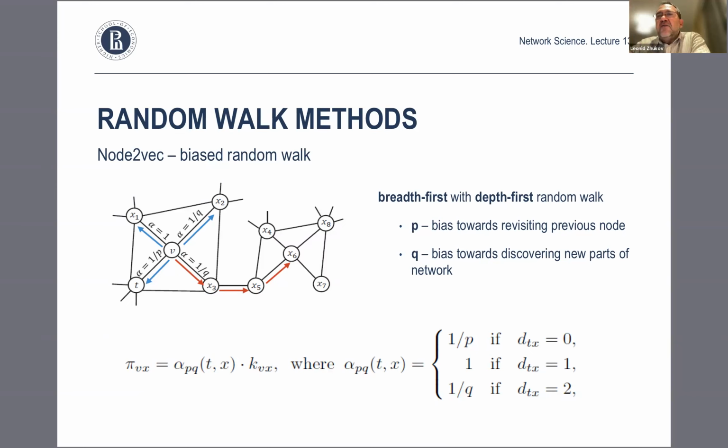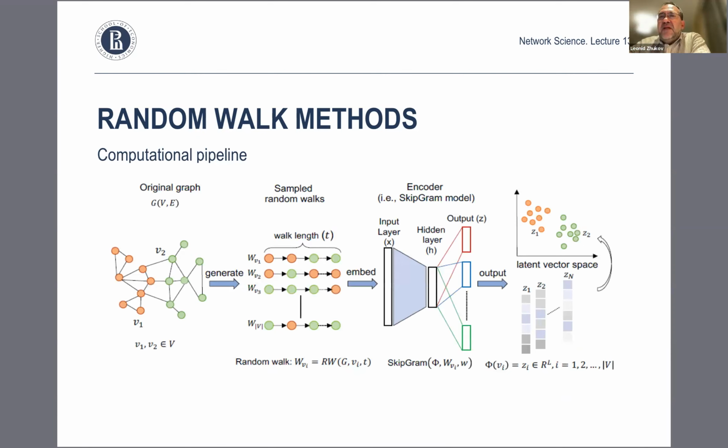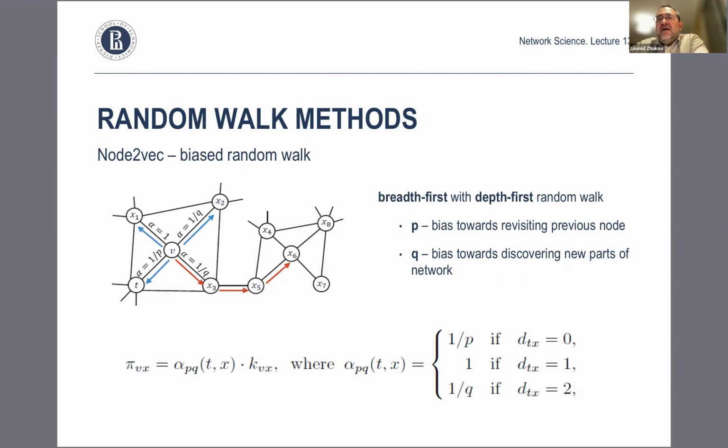And then, of course, when you have generated the walk, you go back to this pipeline, and the only thing you changed is you have a different set of walks for the graph, but then you do the same type of encoding and you get some different vector representation.